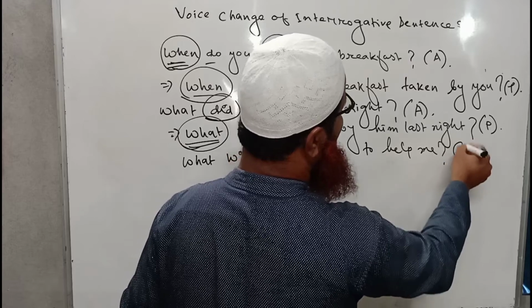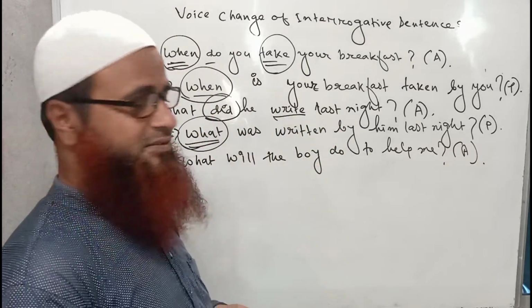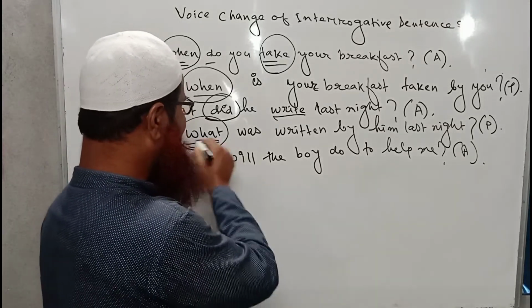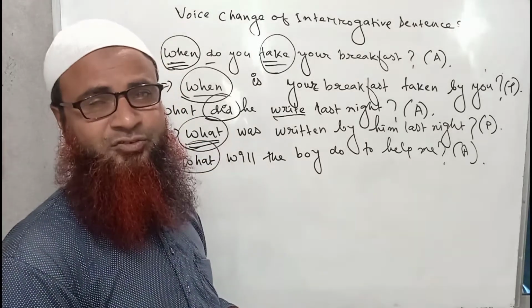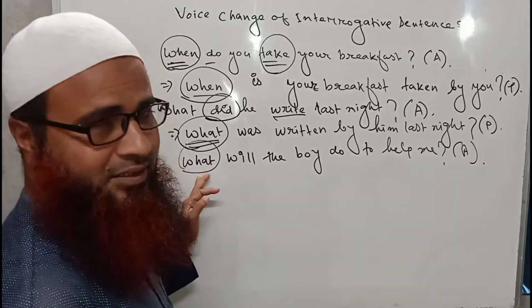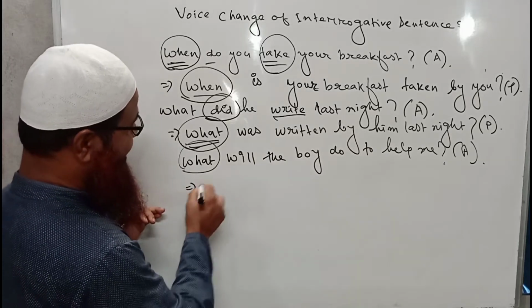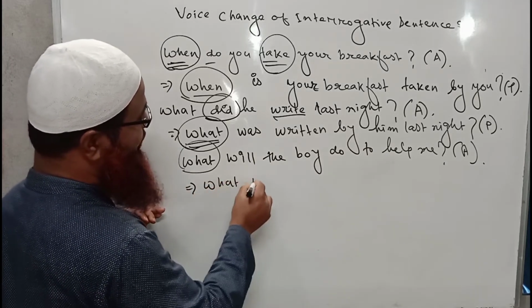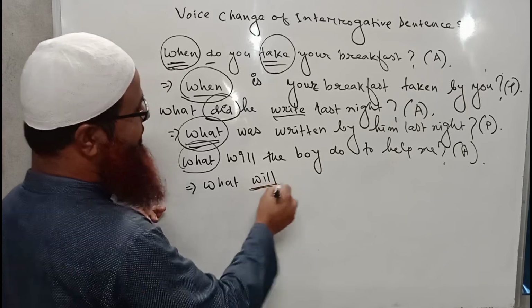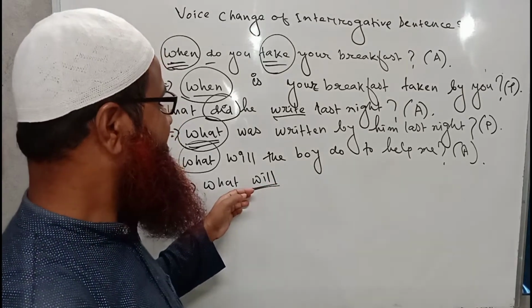So here also the object is not present, because after answering what, the object will come out. That is why we have to use this what again as the subject. So it will be like what, and will is present here, so we should write it will. It is an auxiliary.